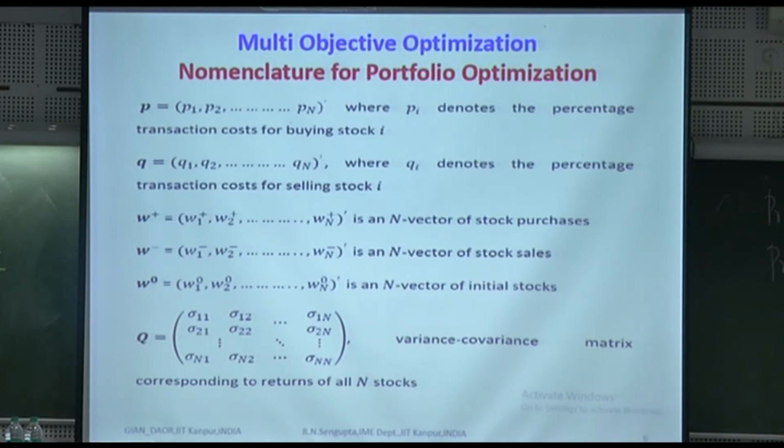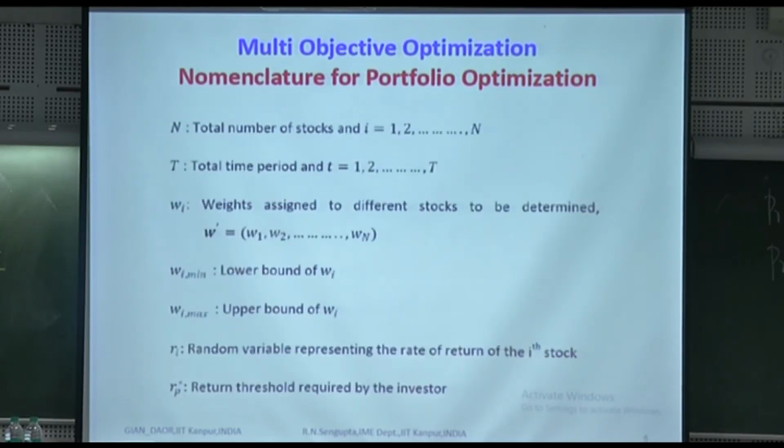Q is the variance covariance matrix, which was V as mentioned here, and these values also can be found out from the data. So from the data we would know N, we would have T. W's we do not know. W minimum and W maximum we know, we can set it for ourselves.